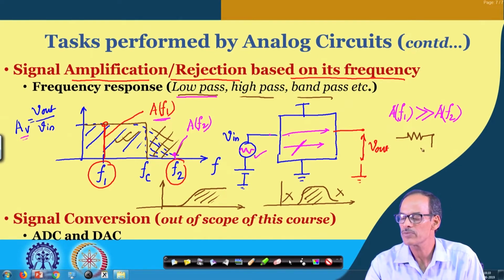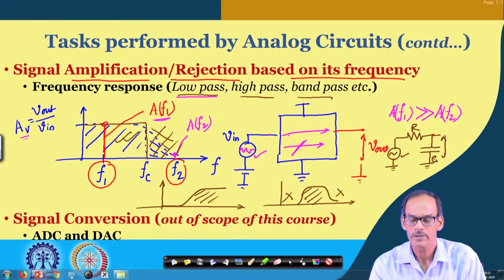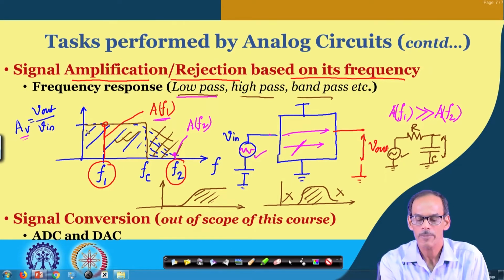And this kind of characteristic may be obtained by a simple passive circuit. So, for example, if you have a simple RC circuit, you may be aware of this circuit from electrical technology. If this is the input and I observe the corresponding output here, then of course, depending on the values of R and C, you will get this kind of low pass characteristic.